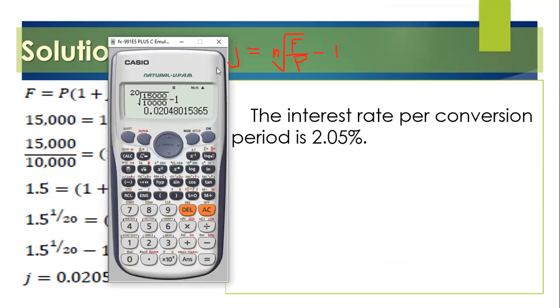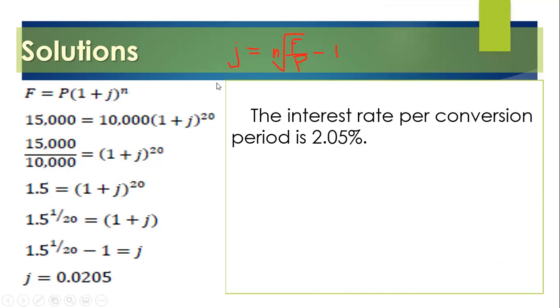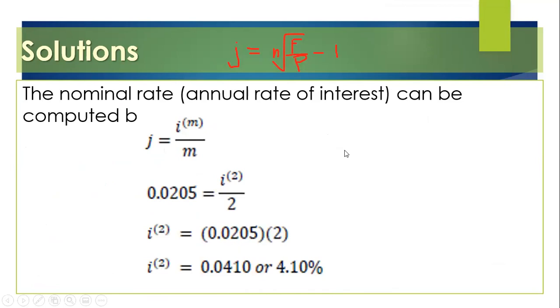Ang hinahanap sa atin ay yung I. So, J is 0.0205 or 2.05%. So, the nominal rate, multiply lang natin siya sa M. So, since M is 2, so I is equal to J times 2. So 0.0205 times 2 is 0.0410 or 4.10%. So this is our final answer.